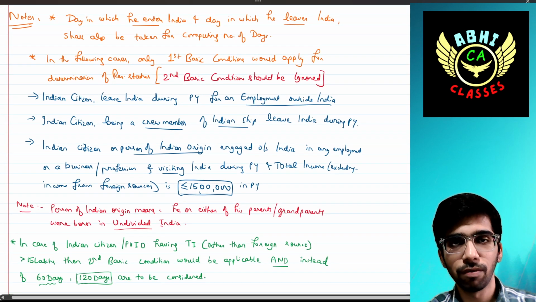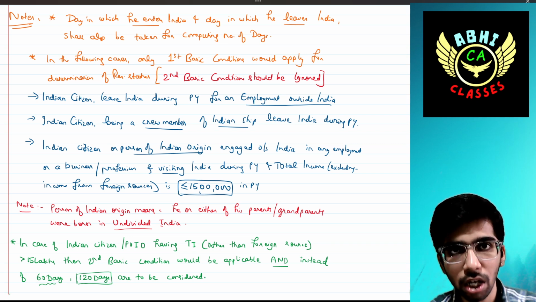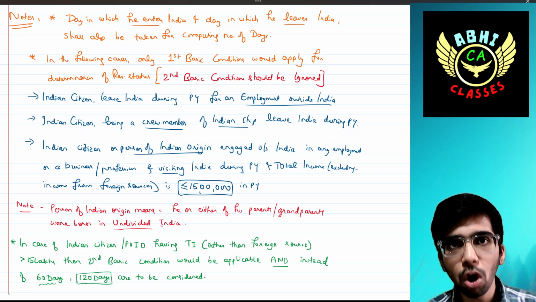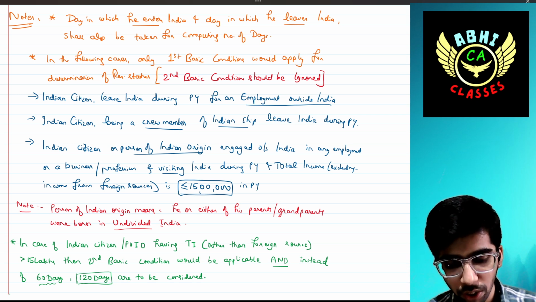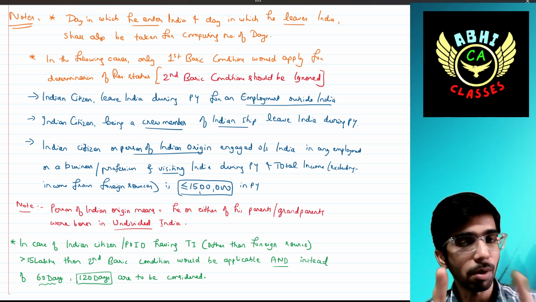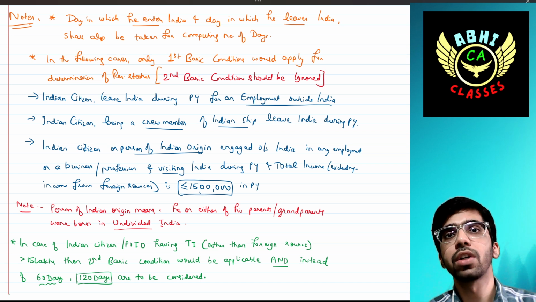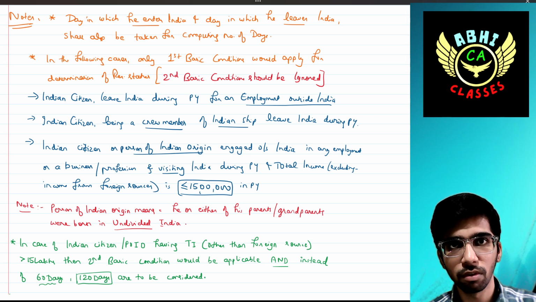First, an Indian citizen leaving India during the previous year 23-24 for employment outside India. For example, if I have an employment outside India and I go out of India during this previous year only on employment basis, not for any other business purpose, then the first condition should be taken. The second basic condition should not be considered.